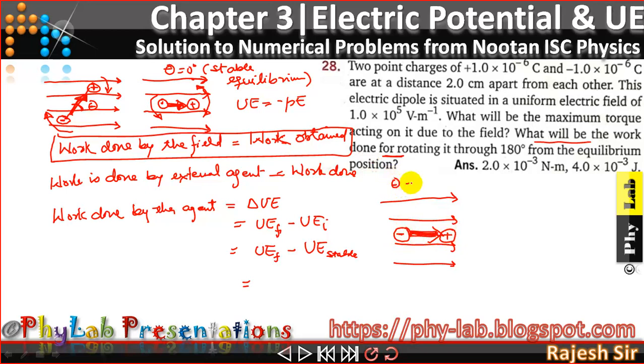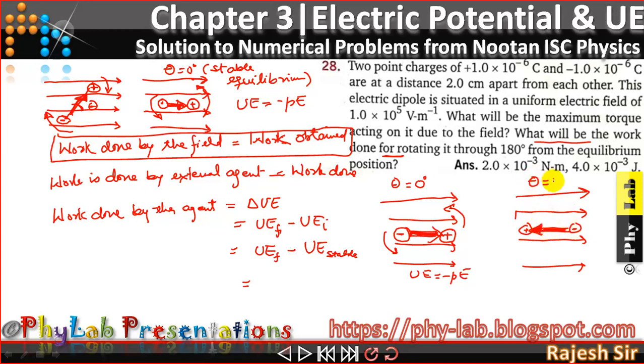Theta being equal to 0, potential energy being minus PE, and rotate it by how much degree do they want me to rotate it? They want me to rotate the dipole by an angle of 180 degrees. So if I rotate it by an angle of 180 degrees, this becomes plus and this becomes minus, and my dipole moment will now be directed in this particular manner.